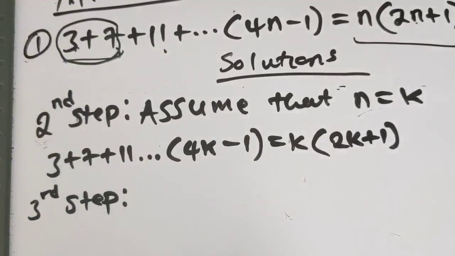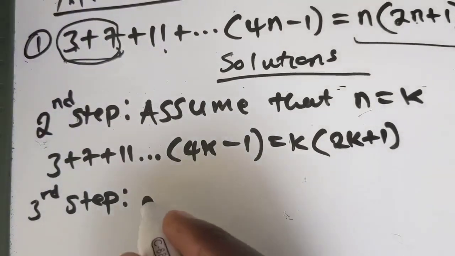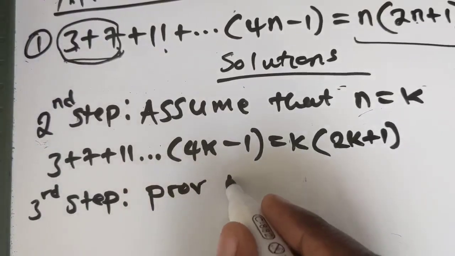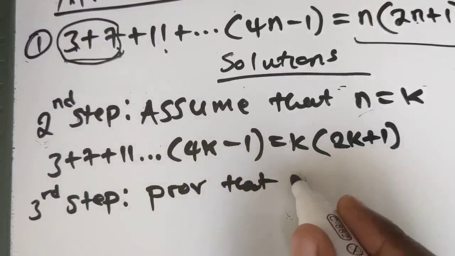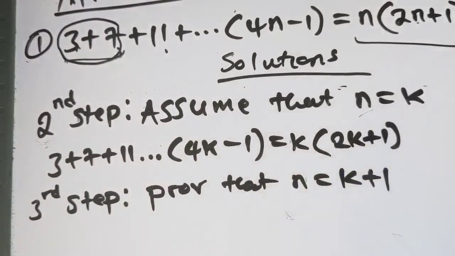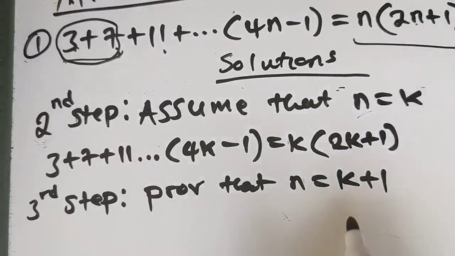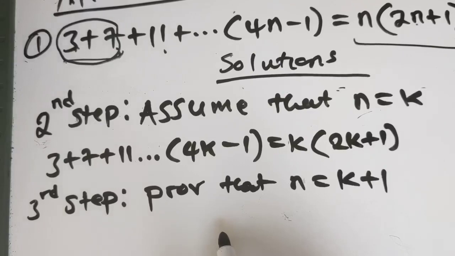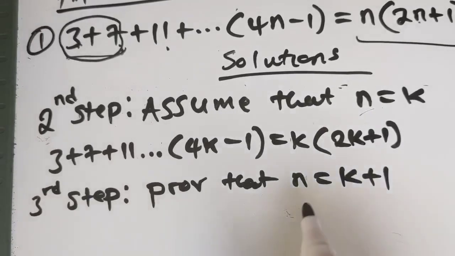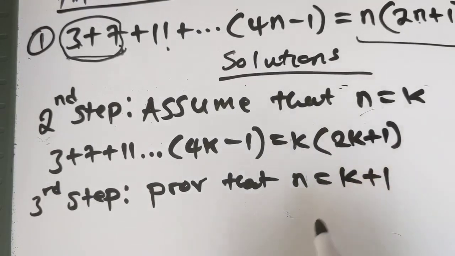This one you need to prove that n is equal to k plus 1. That is what you are supposed to prove. Prove that the statement is true for n is equal to k plus 1.